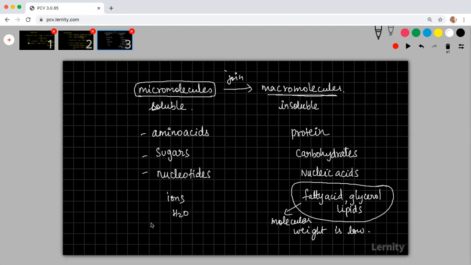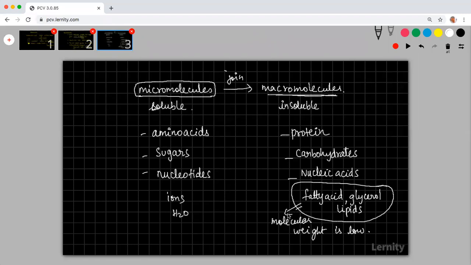Whereas in macromolecules, I'll get proteins, carbohydrates, nucleic acids. These are heavy substances made up of these micromolecules. And along with the insoluble fraction, I will get lipids.